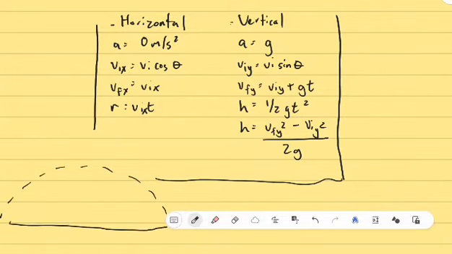So, ibig sabihin yan, yung range natin is parang madodoble, and then yung trajectory or yung path ng object na projectile is parang madodoble siya. So, ibig sabihin nun, the time will also be doubled. So, ito yung take note natin.